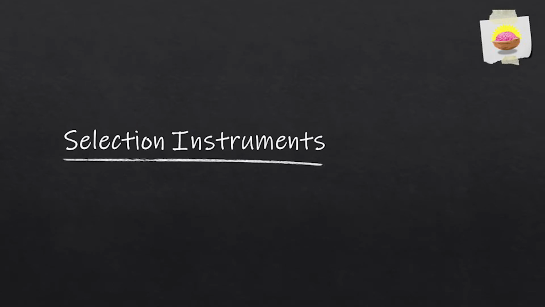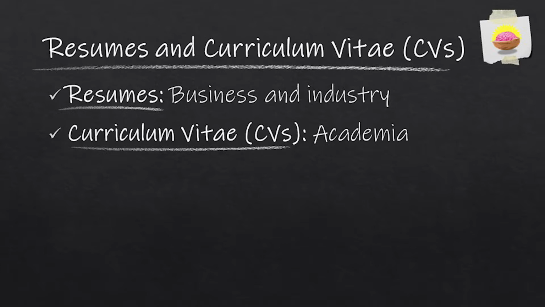So with that in mind, let's look at some selection instruments. Of course, you all know resumes and CVs. Well, maybe you know resumes. You know resumes. These are mostly used in business and industry, whereas CVs, curriculum vitae, these are most often used in academia.